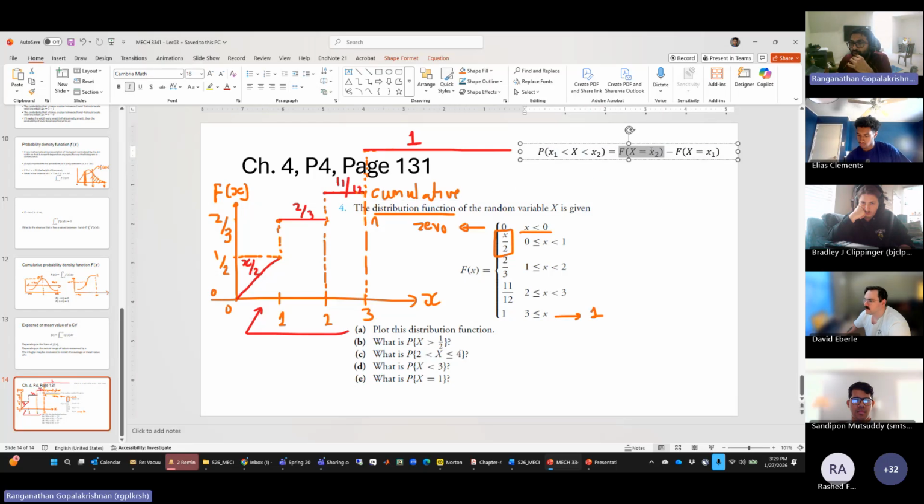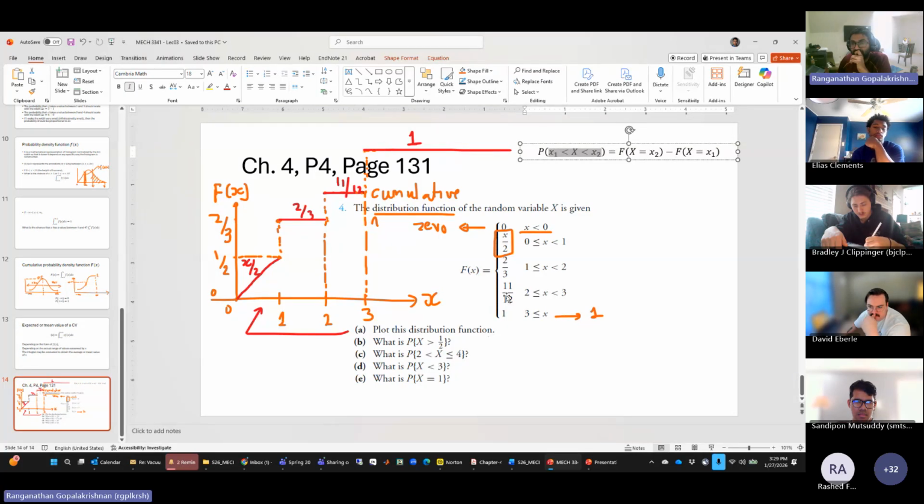What is f of x2? Think about it independently. It is all possible values from the beginning to x2. This is all possible values from the beginning until x1. So if you want between x1 and x2, you take the cumulative probability up to x2, subtract the value at x1, and you'll be left with whatever is intermediate.